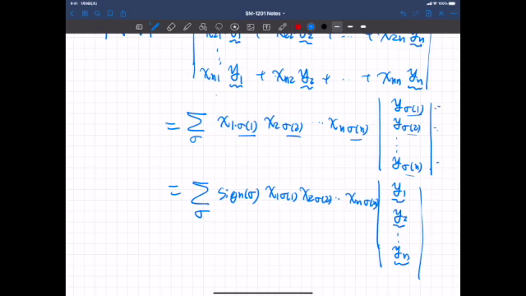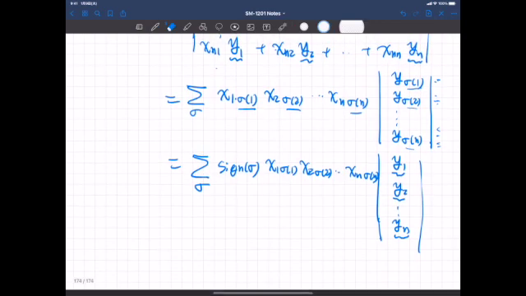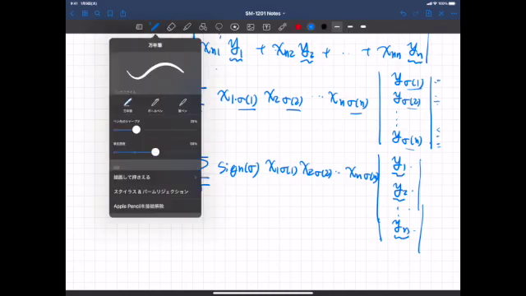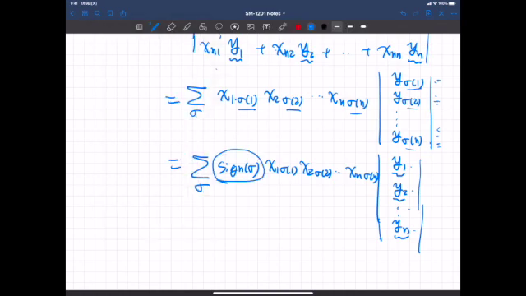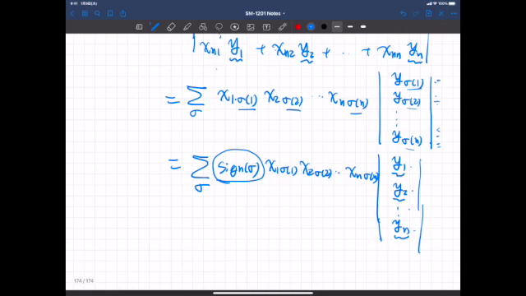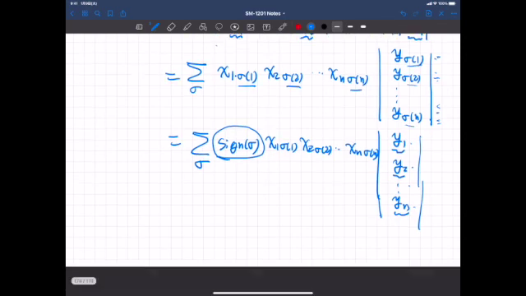Okay, if we swap these rows finitely many times, eventually we are able to get this order 1, 2, 3, and so on up to n, but with possibly a change of signs. So far so good.